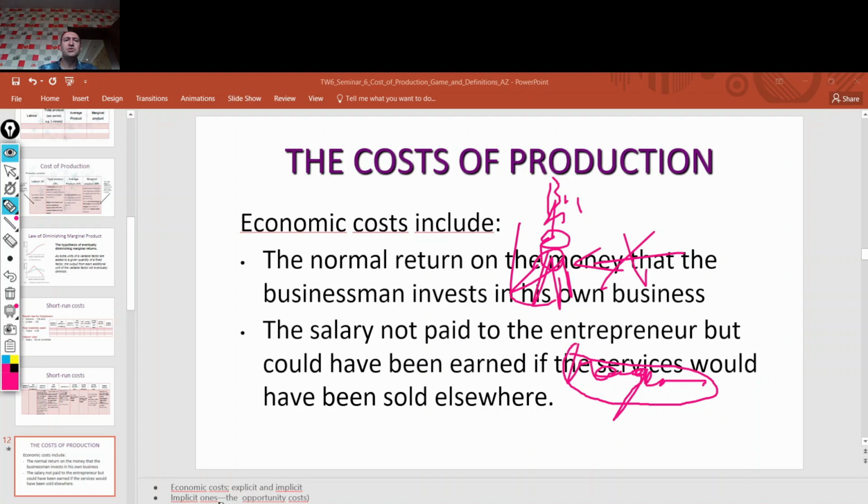Maybe there are some costs which are not recorded in the accounts of a business, but still they are costs. That's the case of your management services. They cost something on the market, but you contribute them for free. Nonetheless, when you analyze your business, you have to consider that those services are not free from the economic perspective. From the accounting perspective, yes, they're free, but from the economic perspective, they have an opportunity cost.